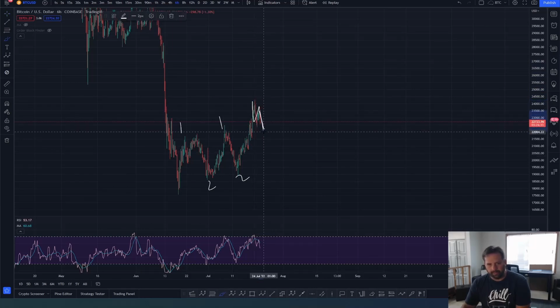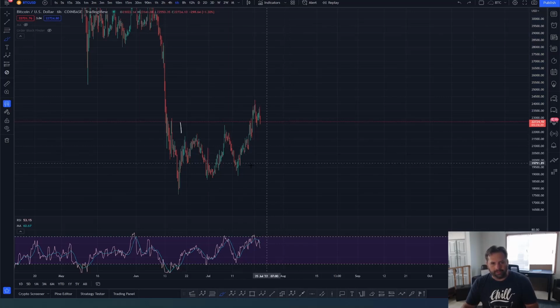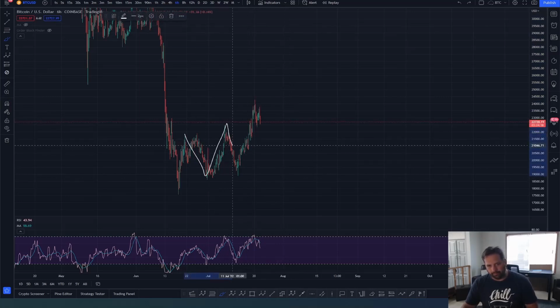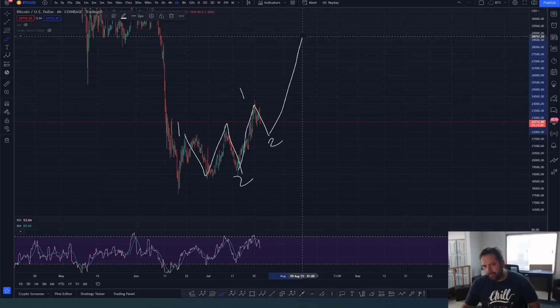This comes down a little bit deeper, it goes back up for one more wave like that, and that becomes part of the third wave, 1 2. Or we can go back to this as a 3 wave move right there, and that becomes 1 2. Now this becomes 1 2. So any number of ways of looking at that, but nevertheless we get this pullback and then we go again.